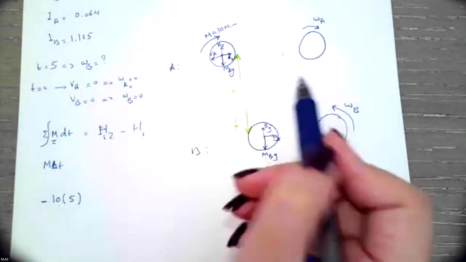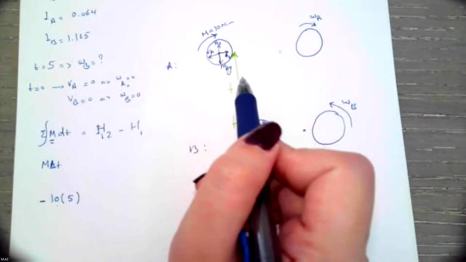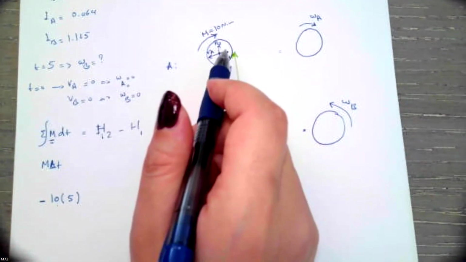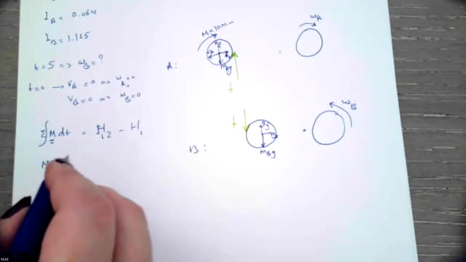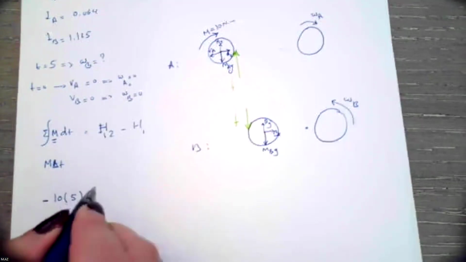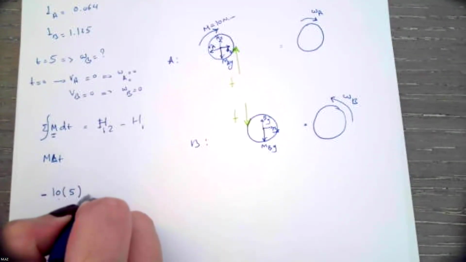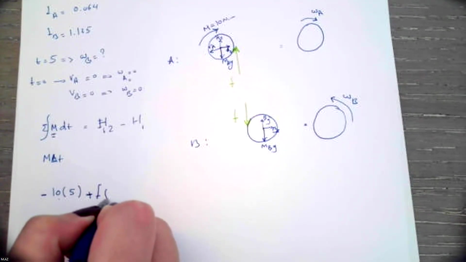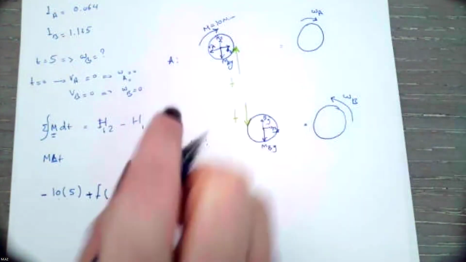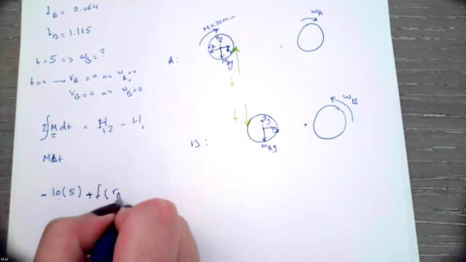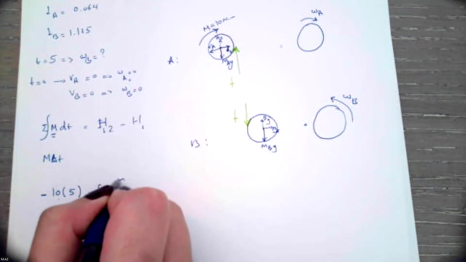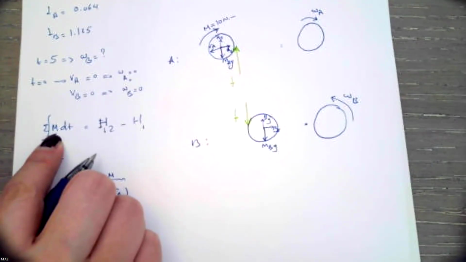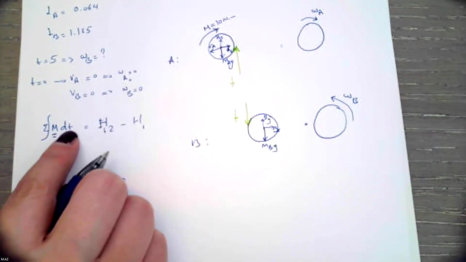This one makes a counterclockwise rotation for gear A. For this reason, we have the friction force times the radius of gear A. Okay, this is the moment, the first part of the equation, times dt.